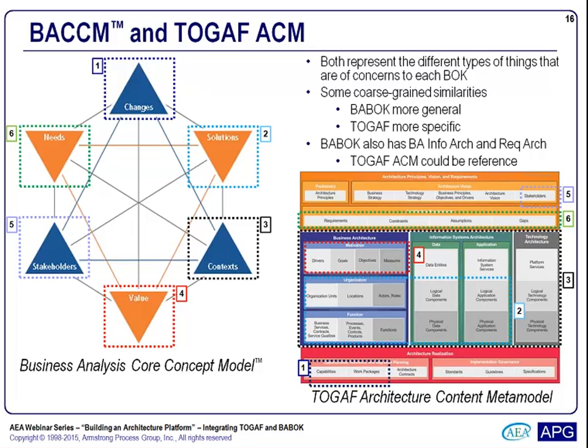And those are both ultimately call outs to, in order to do effective requirements management and business analysis, we need to have a strategy in place for the semantics for those different types of concerns and work products, how they're related to one another. That's often where we express a traceability strategy. So there's certainly an opportunity for people that want to take a broader view in business analysis that they could look at the TOGAF architecture content meta model as a good reference and starting point.